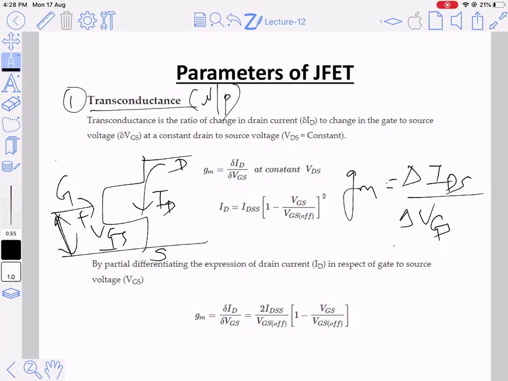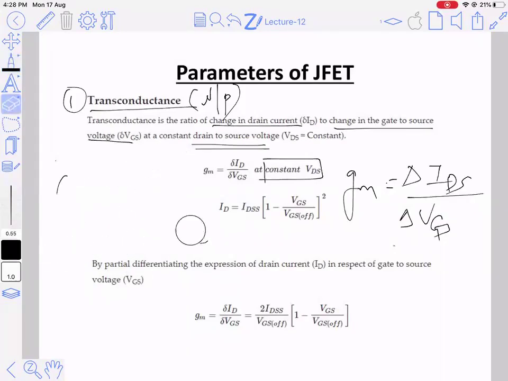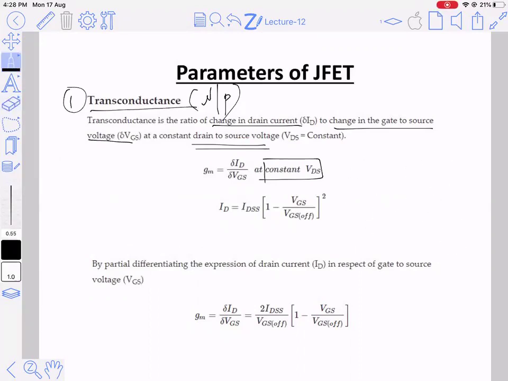So GM is nothing but the ratio of change in the drain current to change in gate to source voltage at a constant VDS. So which graph is going to give me this, the transfer graph, the input graph, or the output graph?